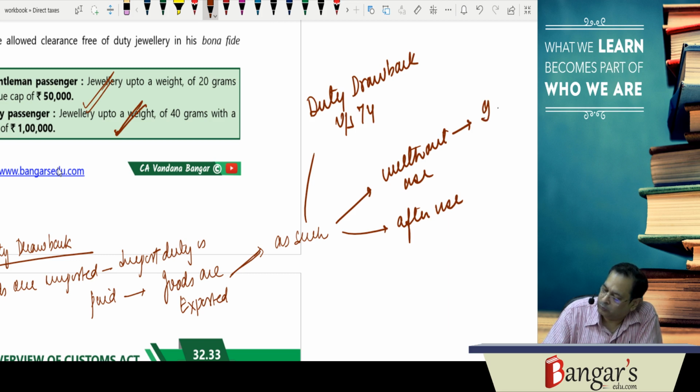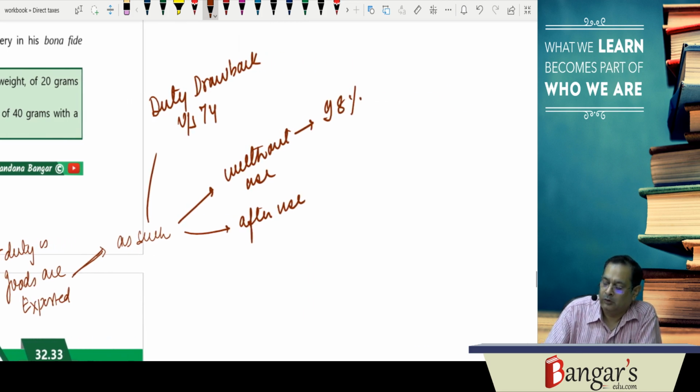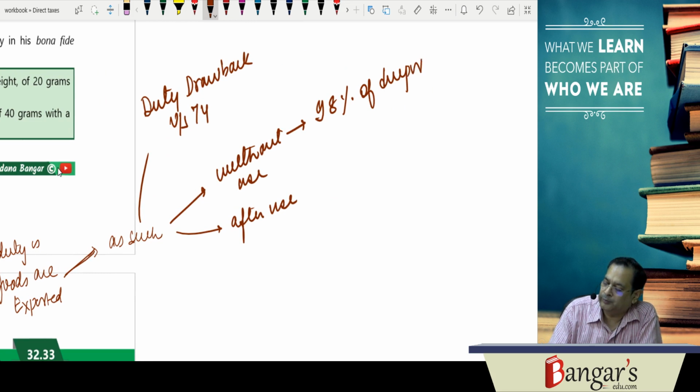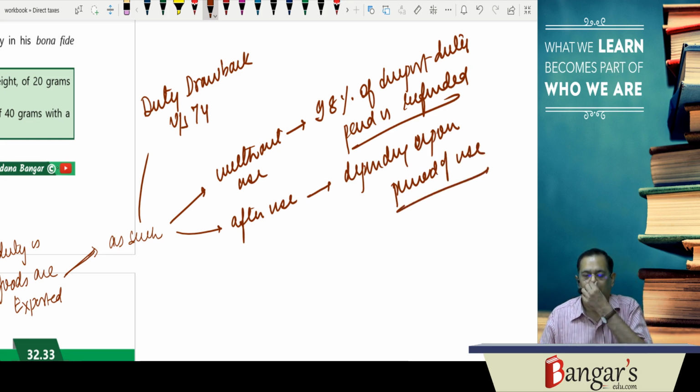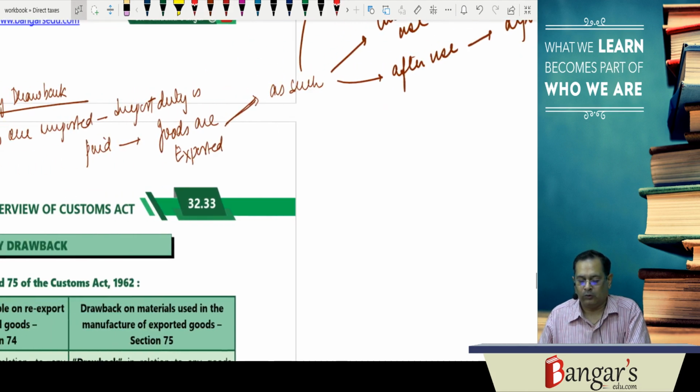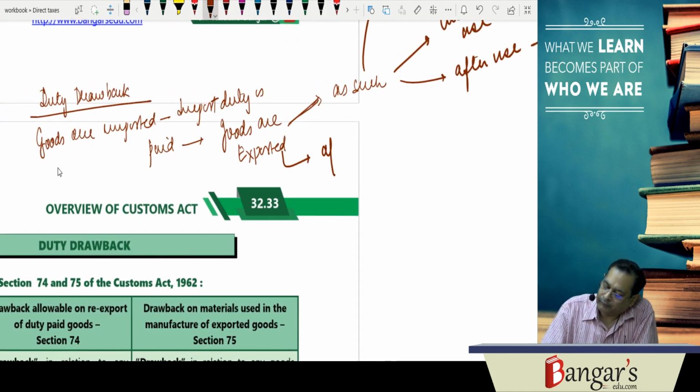If they are without use, 98% of import duty paid is refunded in the form of drawback. After use, depending upon the period of use, drawback is allowed, refund is allowed. Then goods may be exported after manufacturing or processing, or say other operations are carried out on goods.